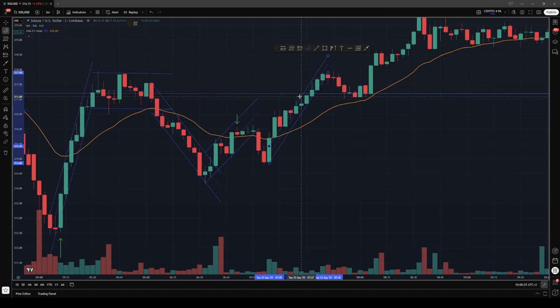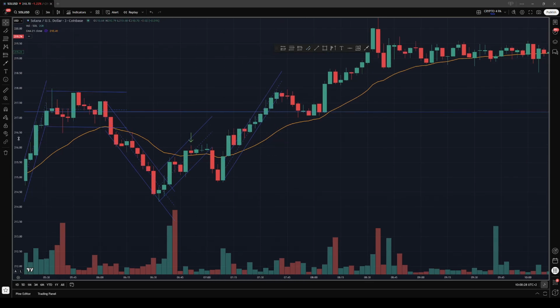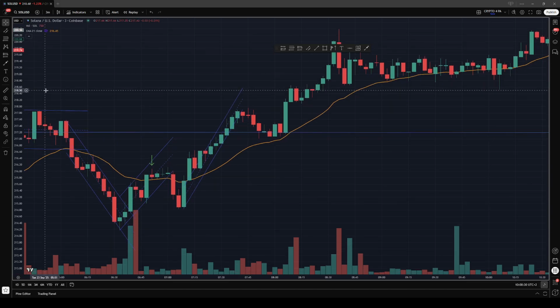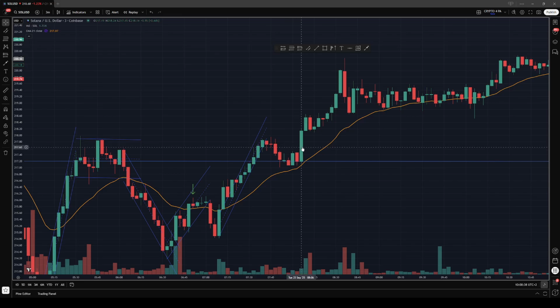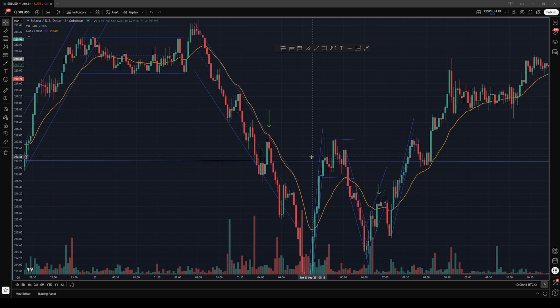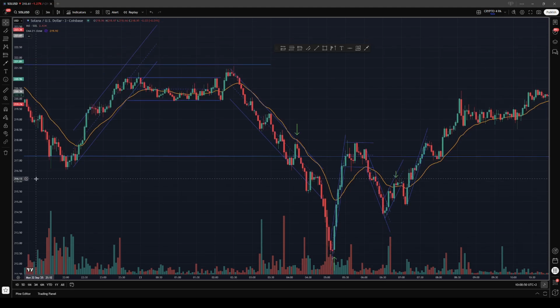It's hard to mark this one. See, it's two legs pushing up. No entries here. Could potentially look for a long here, but I don't like it. This sometimes just turns on you directly because the overall bias is so bearish.